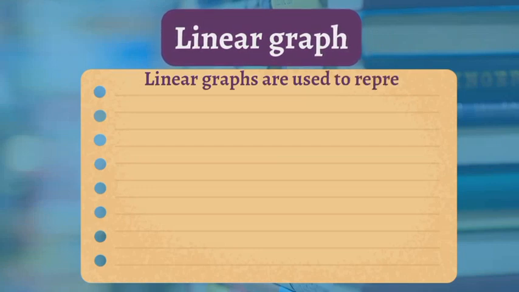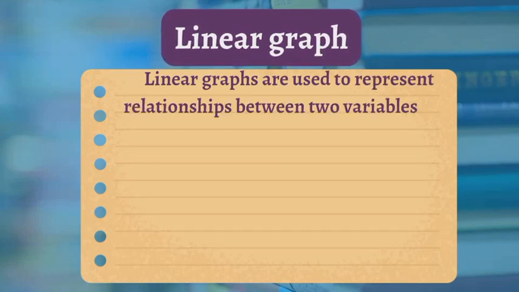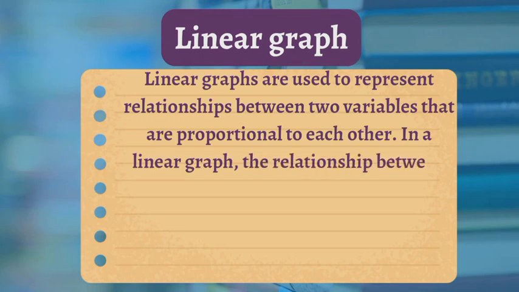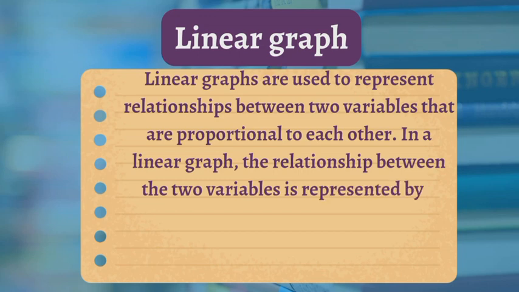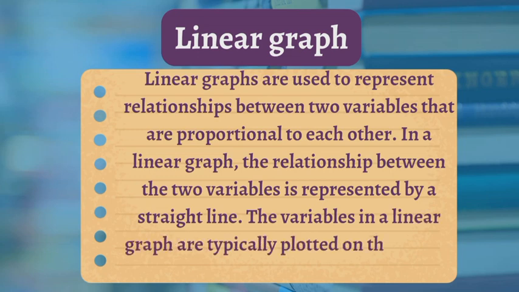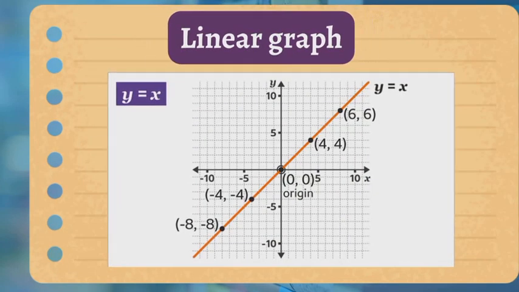Linear graph. Linear graphs are used to represent relationship between two variables that are proportional to each other. In a linear graph, the relationship between the two variables is represented by a straight line. The variables in a linear graph are typically plotted on the x and y axis.